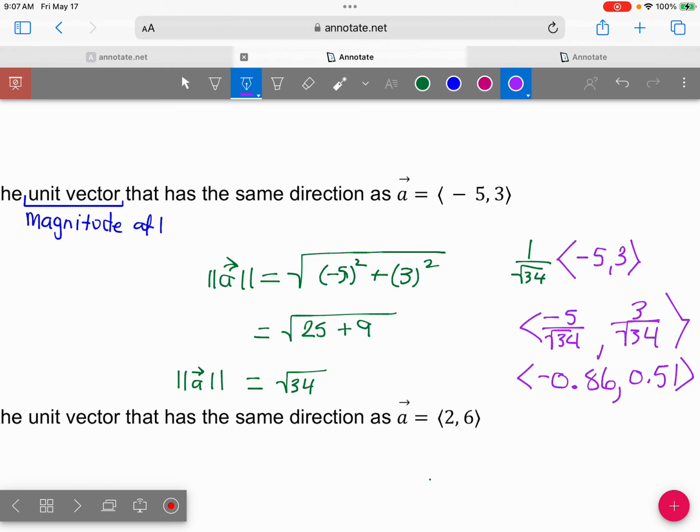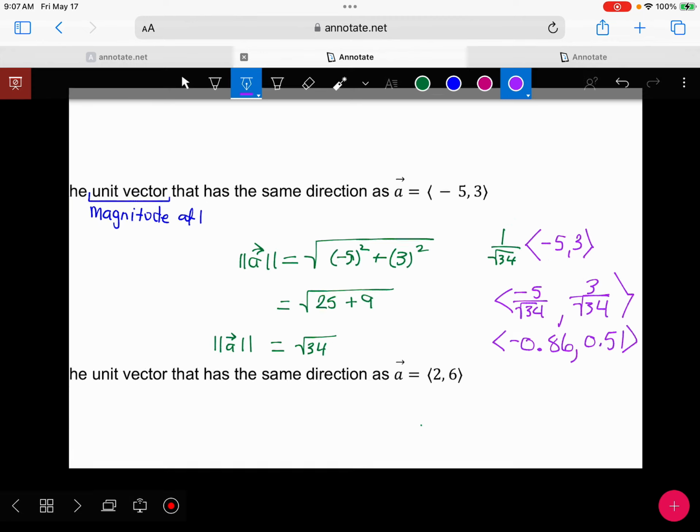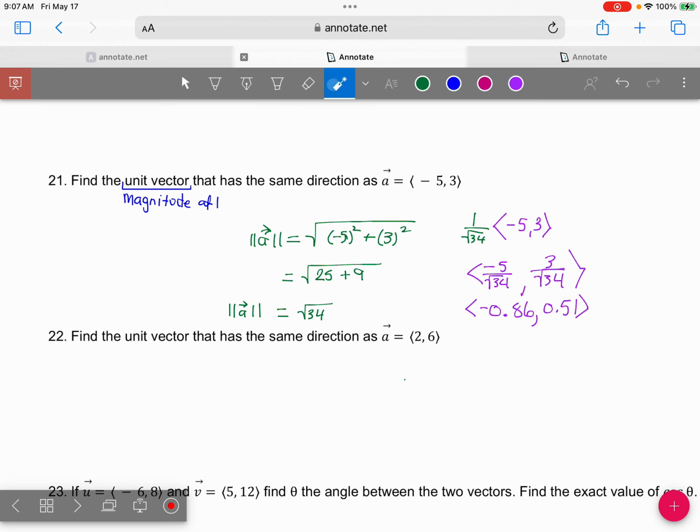But that's a thing that they want us to be able to do. It's not a thing we focused on, but I wanted to do that. So if it says to make a unit vector that goes in the same direction, you're going to find your magnitude and divide each of your terms by it, and then you can round it into a decimal place. Because you have to either rationalize it or make it a decimal.